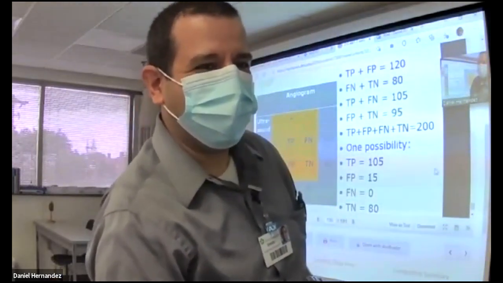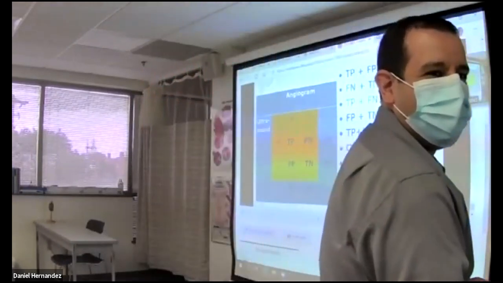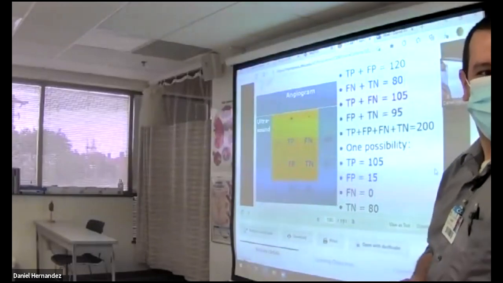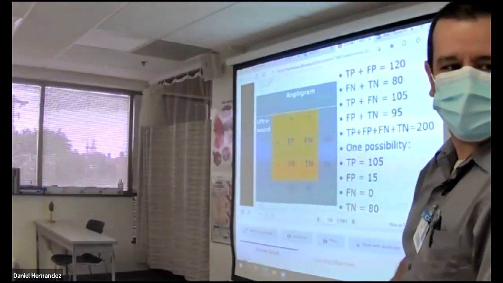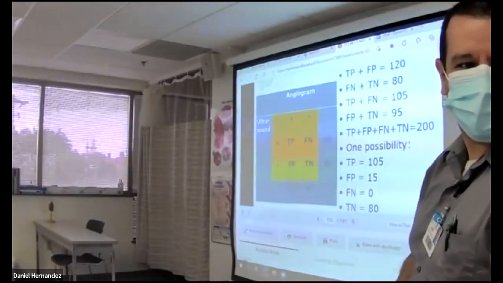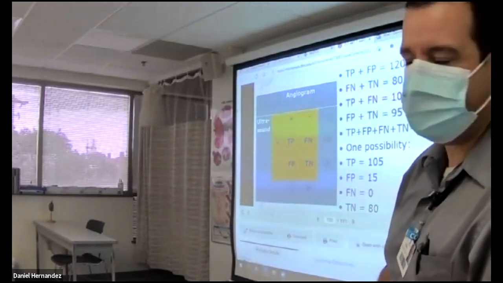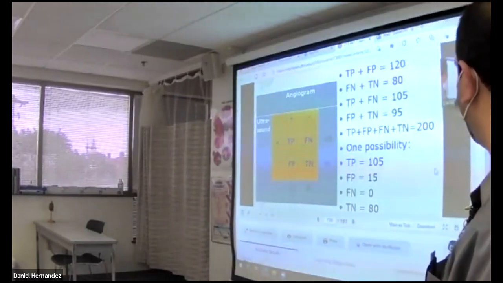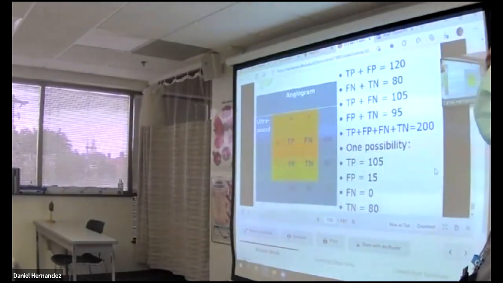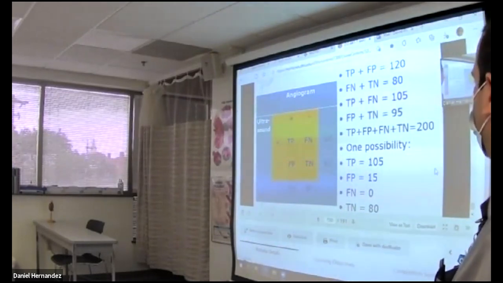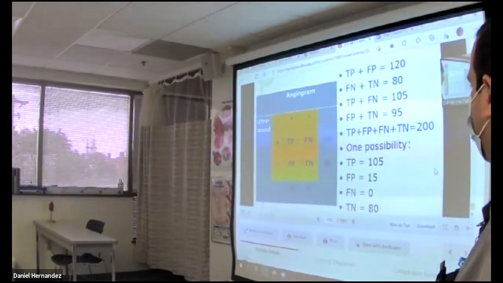Okay, one possibility. Positive. So then she added. Okay, so there's 120 positive angiograms. So that means in the total, positive of ultrasound and angio, there has to be 120.